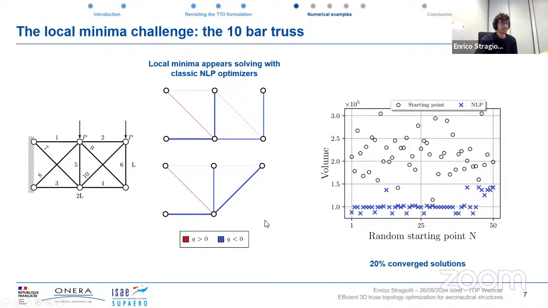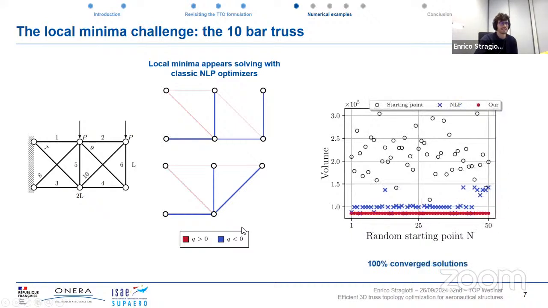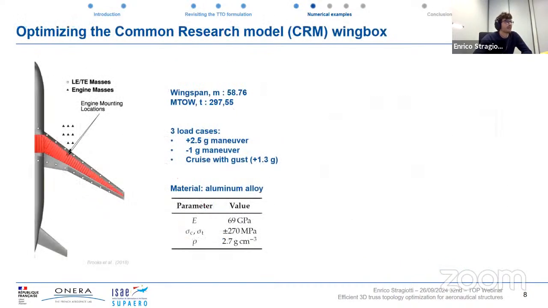But once we use our proposed model, we see that we actually have 100% of solutions converging to the least voluminous structure. So now that we have validated this methodology on a very simple dummy case, we can now apply it to a more complex aeronautical load case, in which the main difficulty is the fact that the structure is actually pretty large.